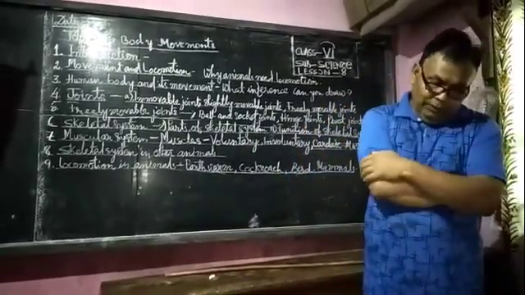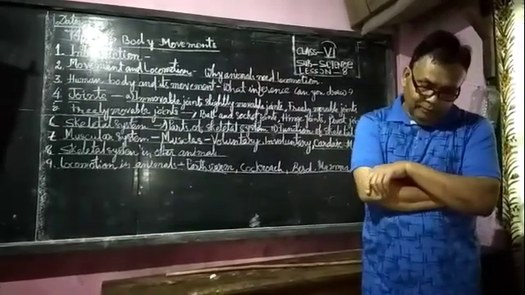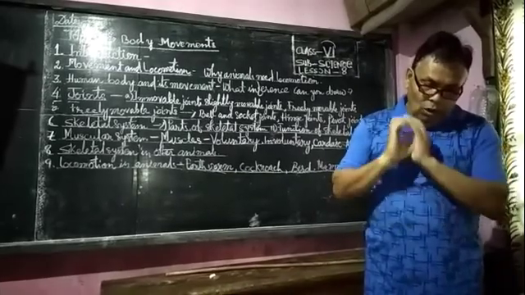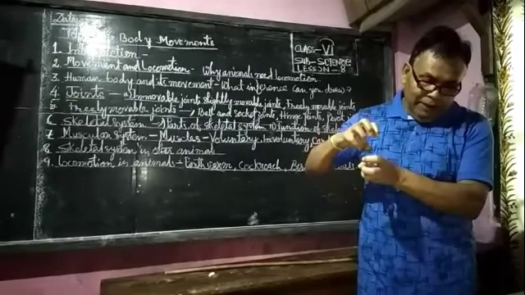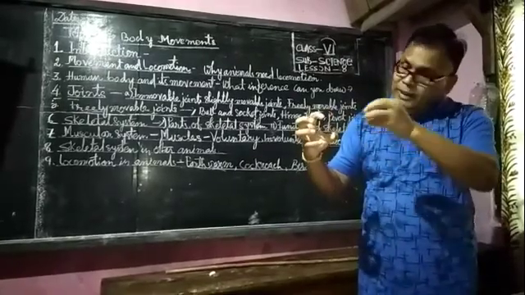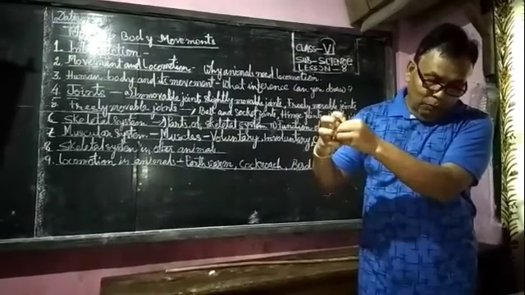Ball and socket joint. In this joint, the rounded head, like a ball, of one bone fits into a cup-like cavity of the other bone.